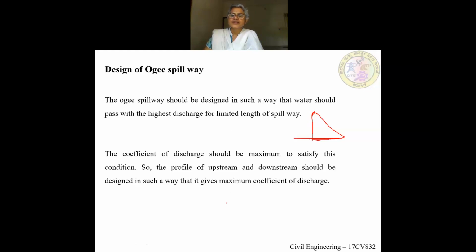If you consider a sharp crested weir, the water will fall freely like this. This is called the lower nappe, and this is called the upper nappe. The downstream face of the Ogee weir is designed to follow the shape of this lower nappe, so that the water flows smoothly over the surface.